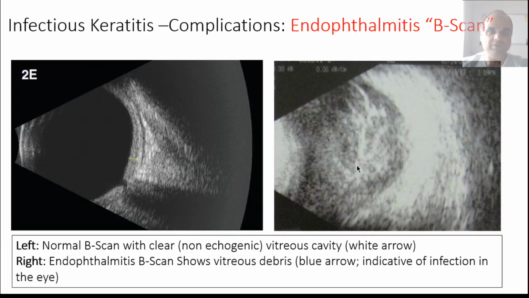This is what you would see: a lot of opacities together with membrane formation, which would tell you that there is an infective process within the vitreous. We've seen this picture before when we talked about endophthalmitis in the context of cataract surgery. Not the exact picture, but a B scan of an endophthalmitis.